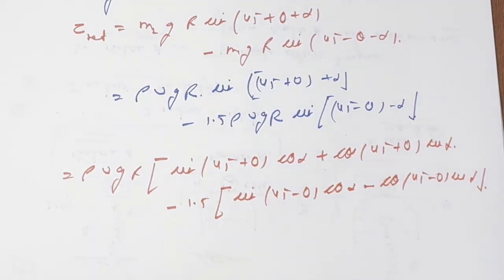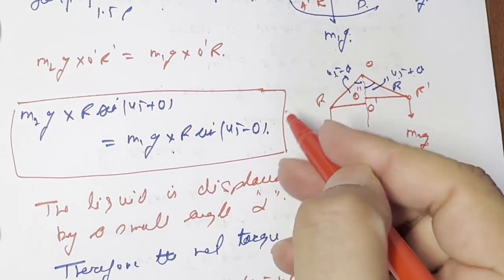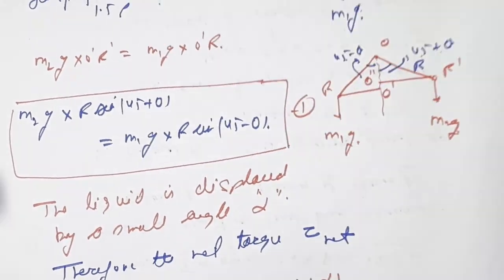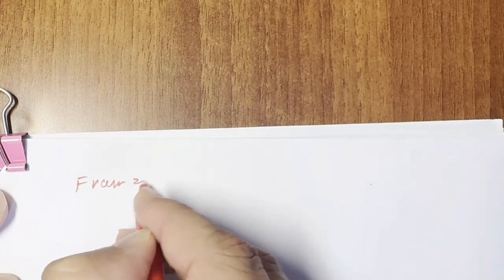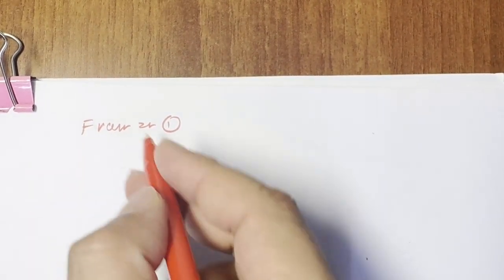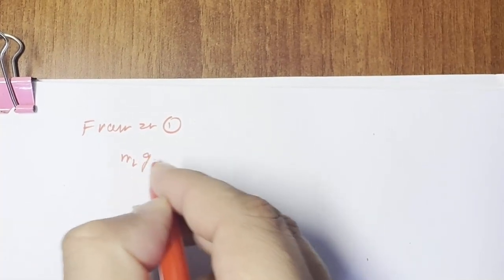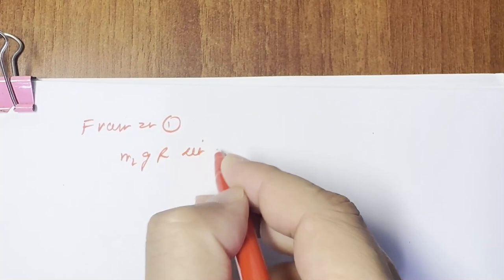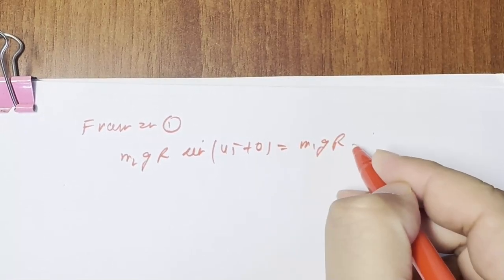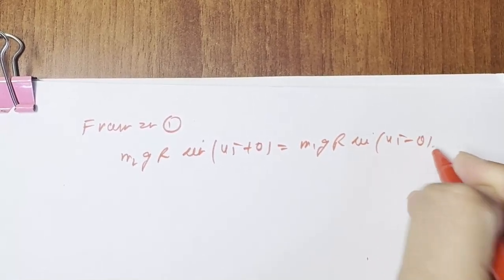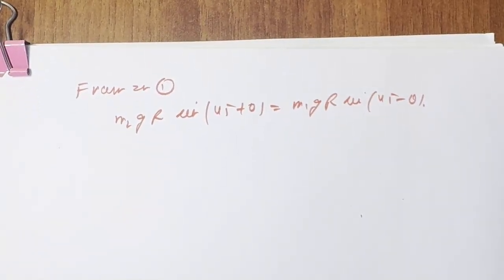Now from the equilibrium position, let us call the tau net expression equation number 1. From equation 1 we can write that m2 g r sine of 45 plus theta is equal to m1 g r sine of 45 minus theta.